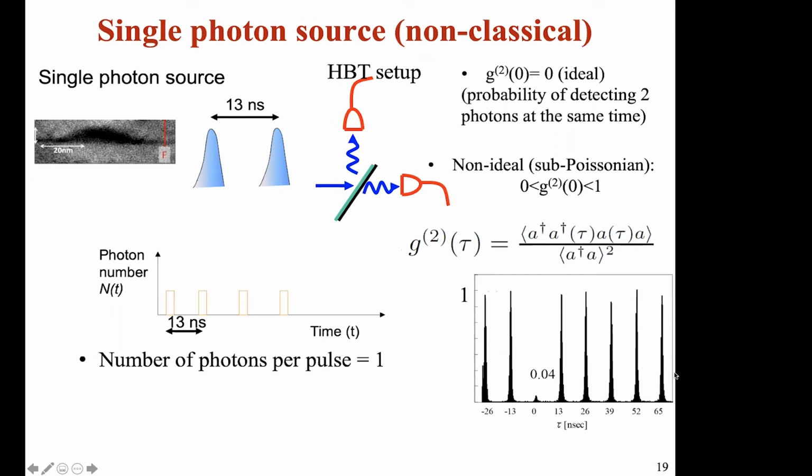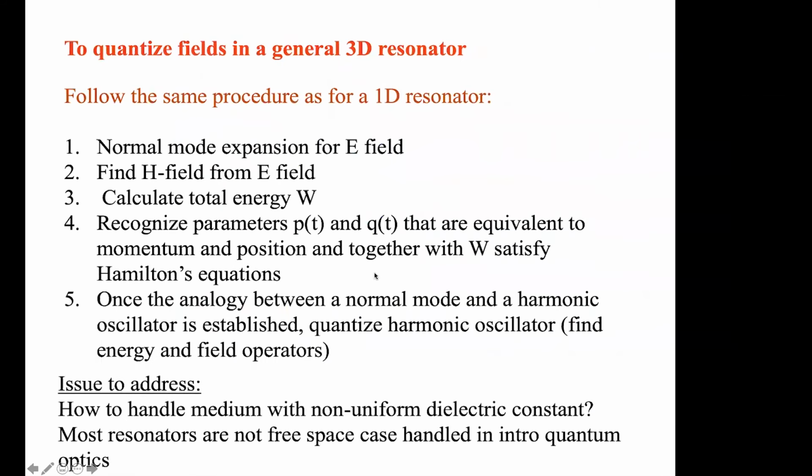Does that explain it? Okay. But of course, there is more to it than this. This is just an intuitive picture for now, right? And of course, for a coherent source, that's all fine because you can always split it, and you will have a finite probability of measuring at time 0.